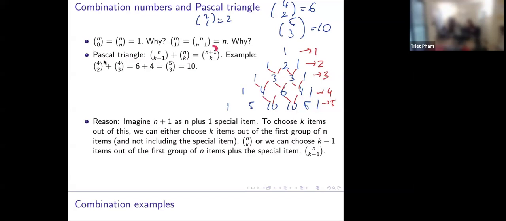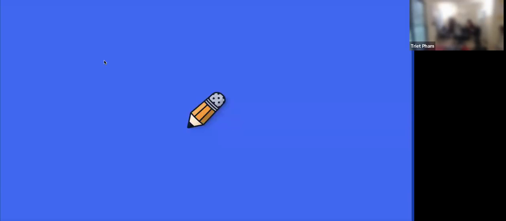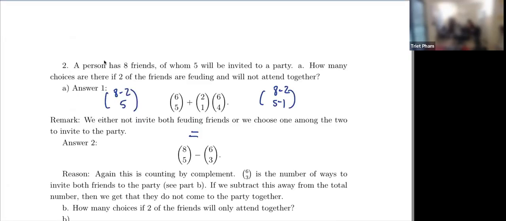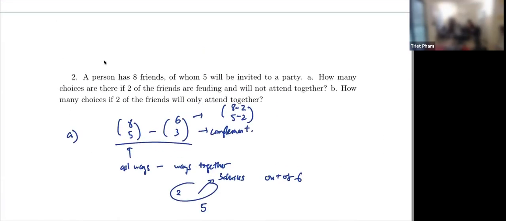And the explanation is actually very similar to the problem we were doing last time, which is a group of friends, and you decide whether or not you can invite these 2 special friends to the party. The reason is here.